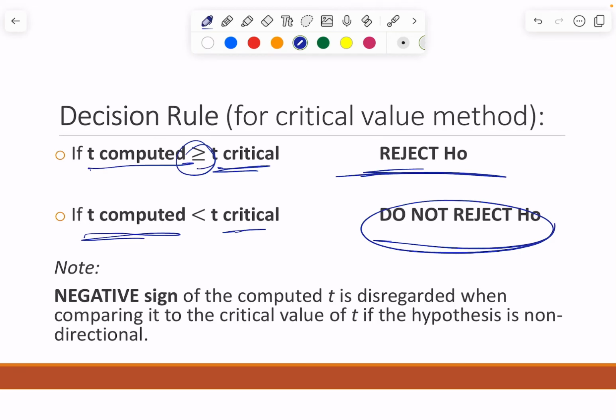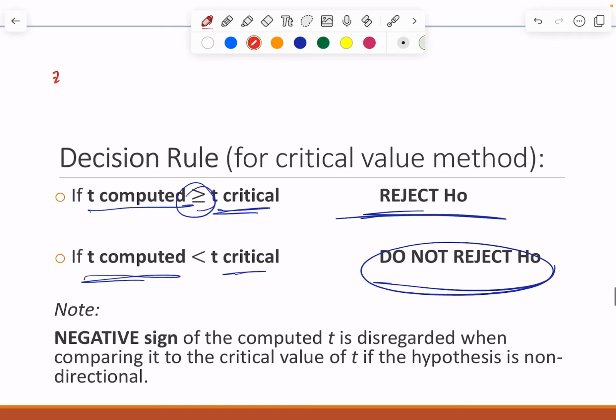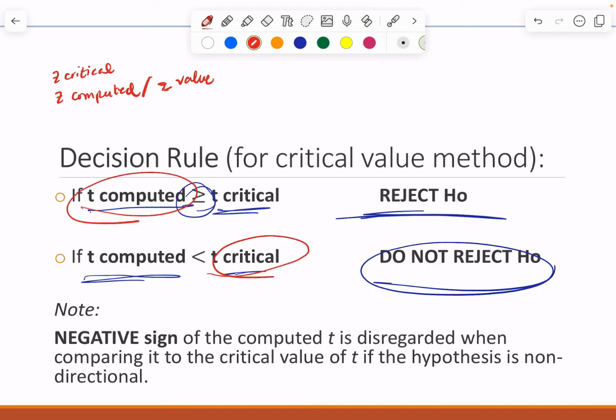So, unsa man ang t computed? Because it is the product of the t-test. So, kung sa z-test, ang tawag nato kay z critical and z computed or z value, sa t-test, ang tawag pod nato sa ilaha kay t computed and t critical.